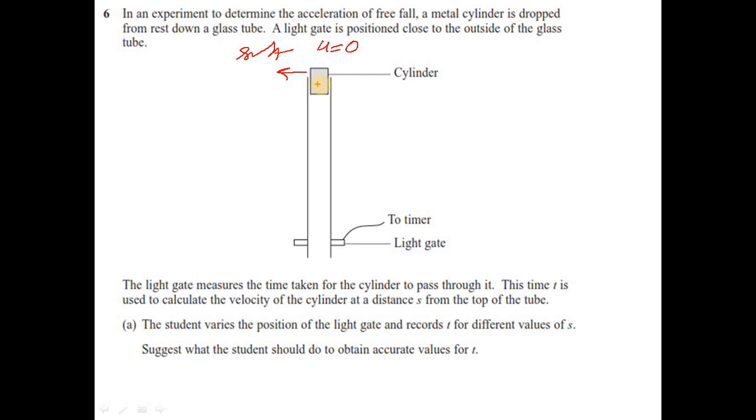And you can also repeat the timing to use the mean value, so you can get a reliable result. So make sure that you have initial velocity 0, the cylinder does not touch the wall. You can repeat the reading.